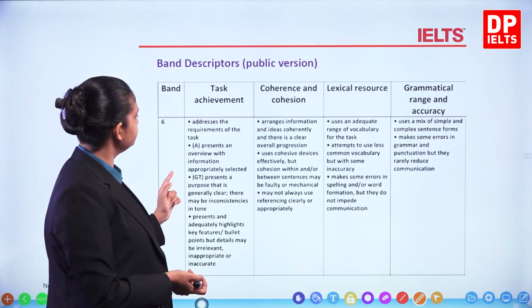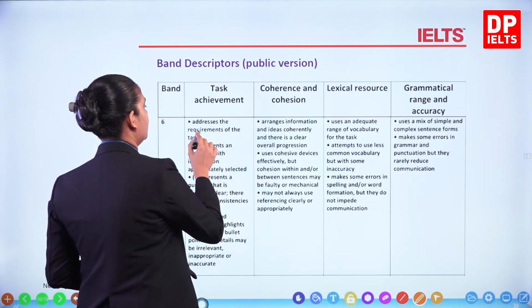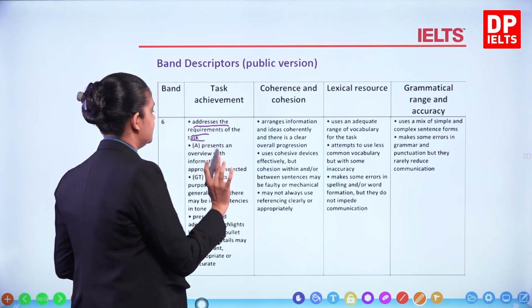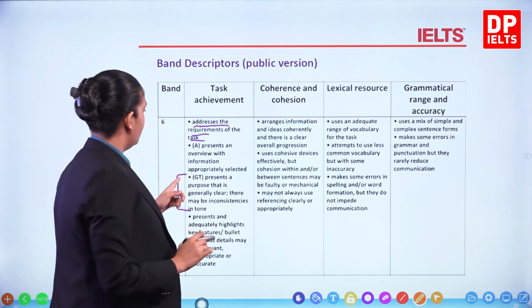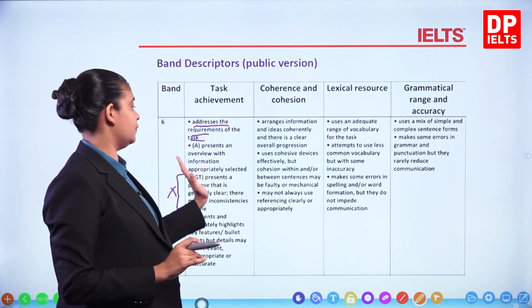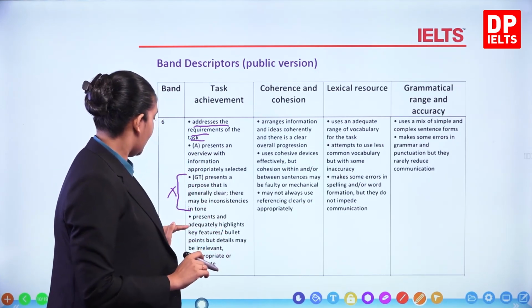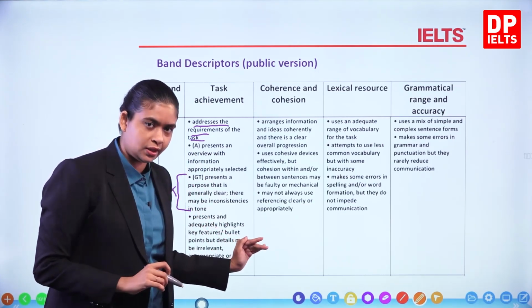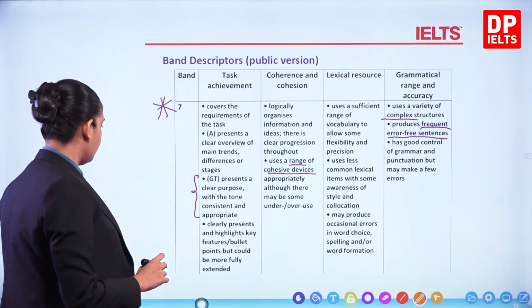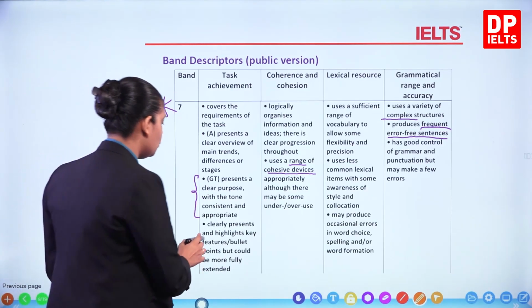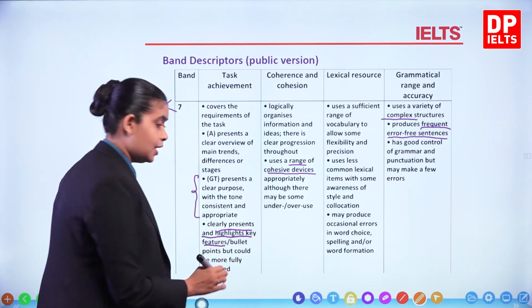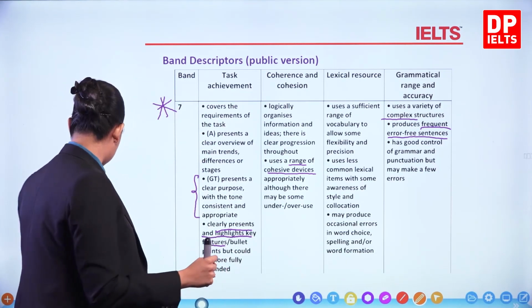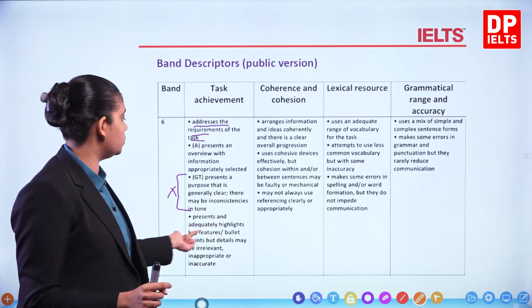Now here, again, you address the requirements of the task. That is fine. This bit we don't need, right? But you present a clear overview and you adequately have information. Now, if you come to 7, right, you clearly present and highlight key features. But when it is a 6, you adequately highlight.